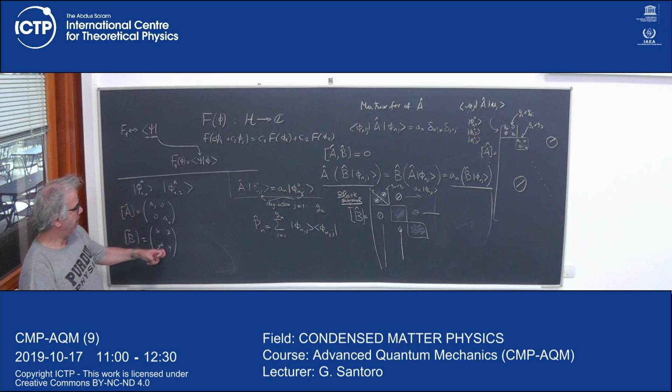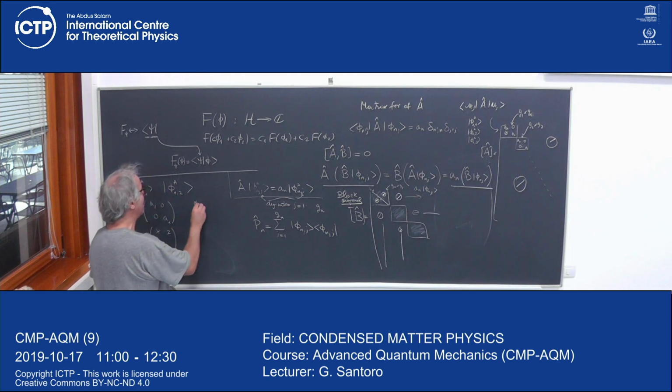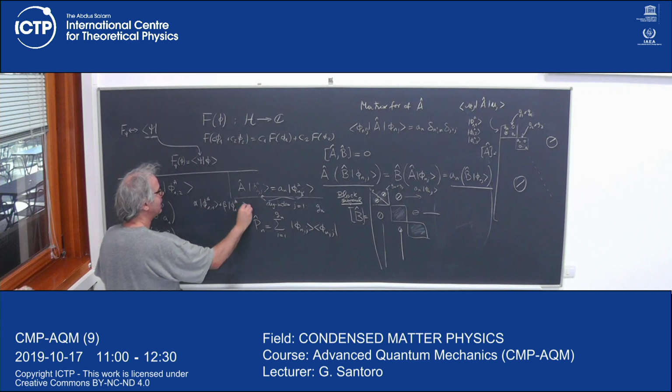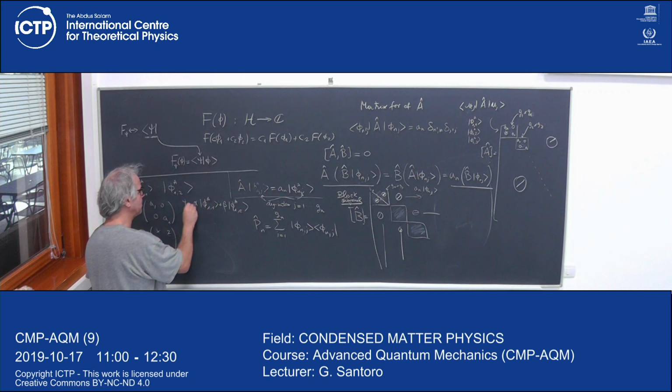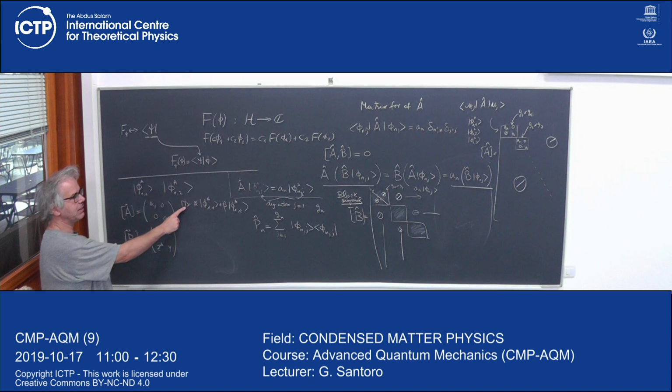Good. Now, the point that I wanted to say is I can always make a combination of these two states. For instance, let me just define psi as alpha times phi A11 plus beta phi A12. That's a combination of these two states. If I ask you what is the eigenvalue of this combination for A?